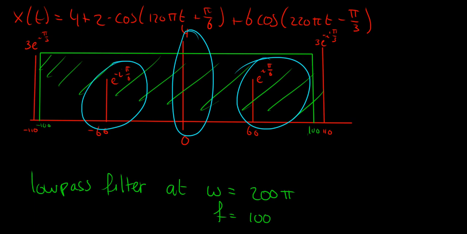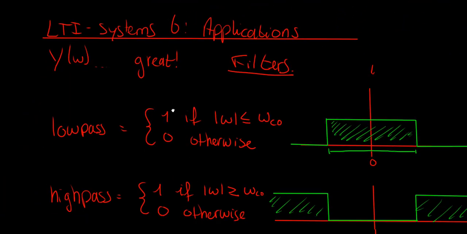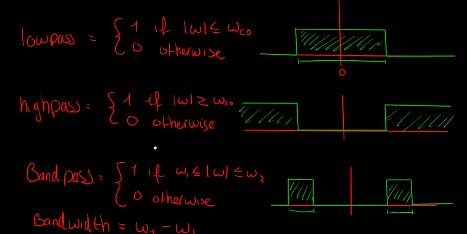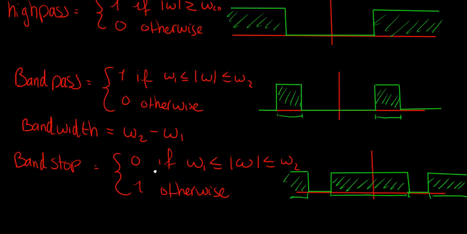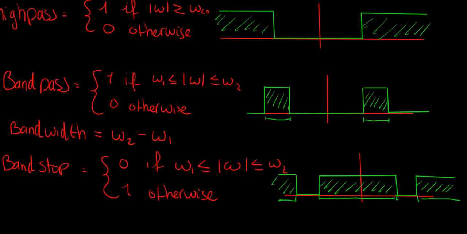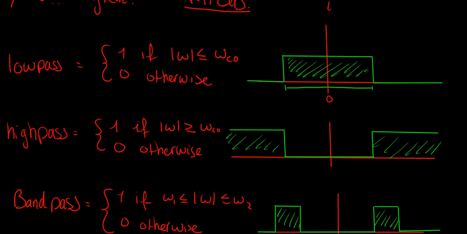So to record something, we're passing it through a continuous to discrete system that also has a low pass filter that just removes any unnecessary frequencies from our spectrum. And next to the low pass, we also have the high pass, the band pass, and band stop. These all have their own niche uses and can be used in many different applications.